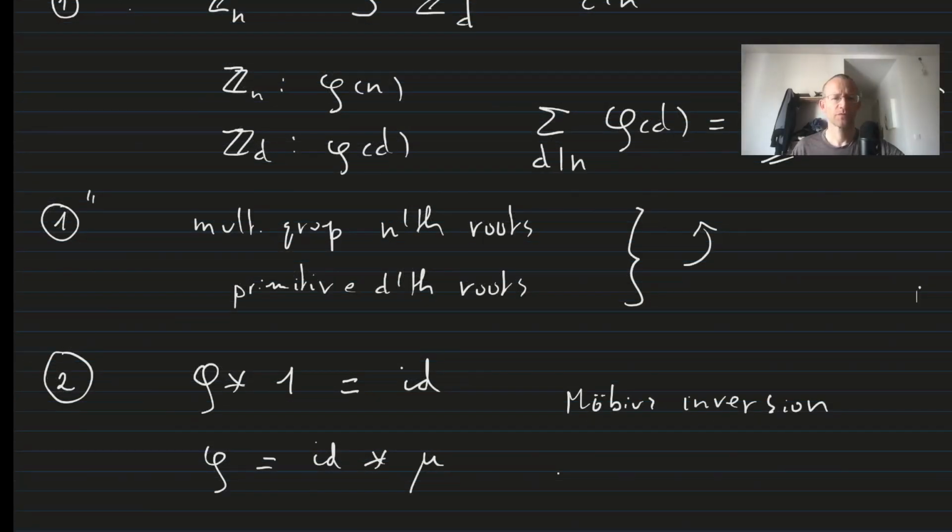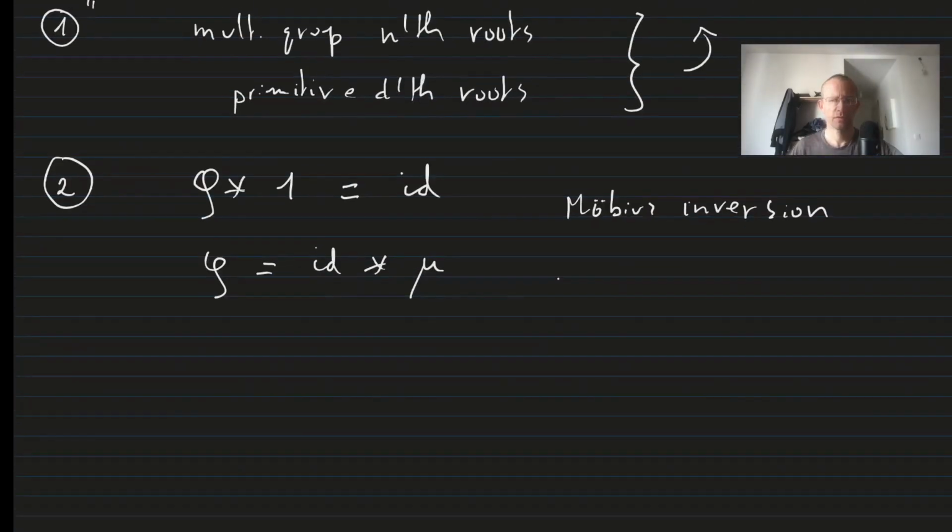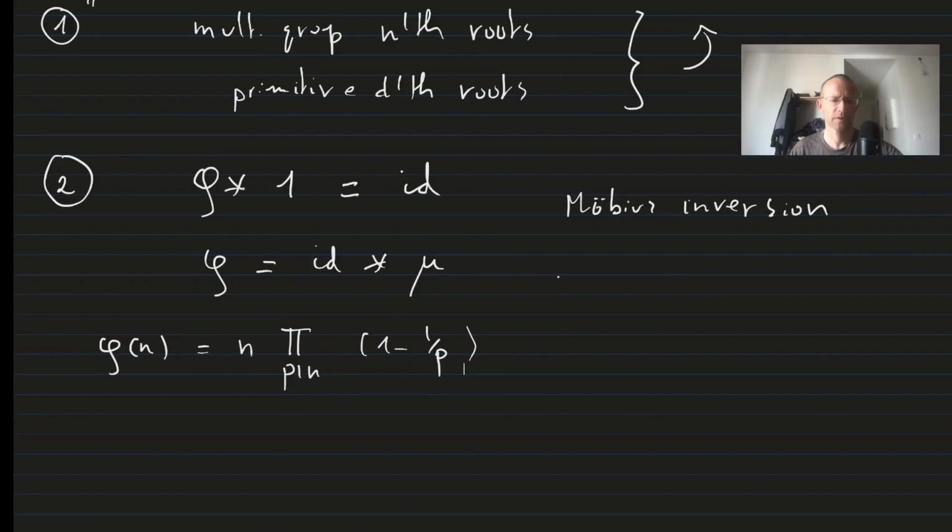So we might as well prove the second equivalent formula that says that phi of n is equal to n times the product over the prime factors p of n of 1 minus 1 over p. This is a formula for the Euler totient function, which I've discussed in my video on the multiplicative group.